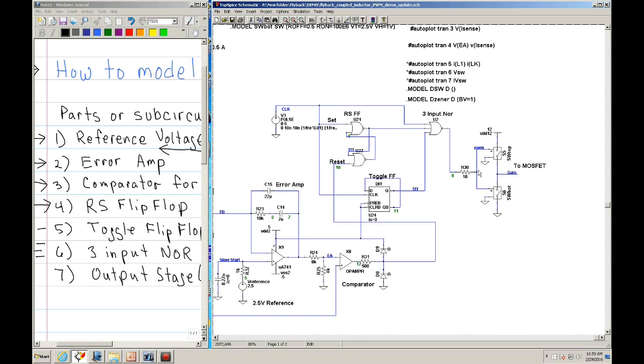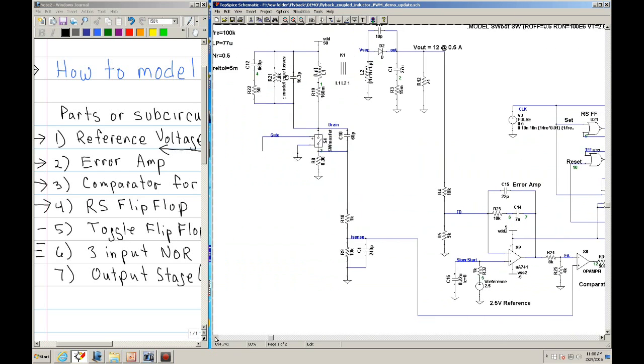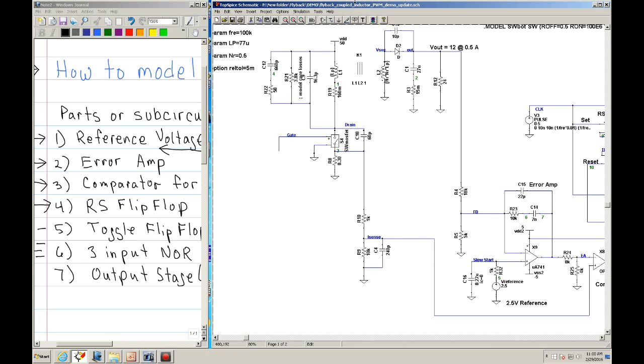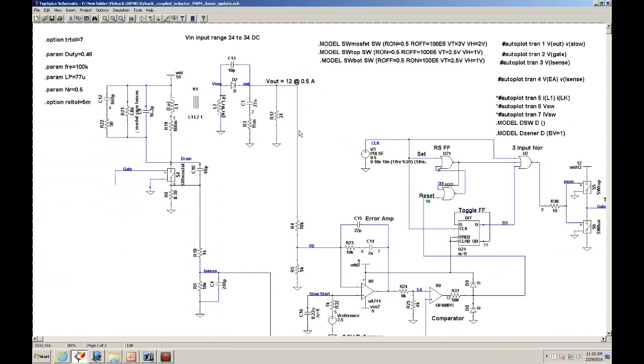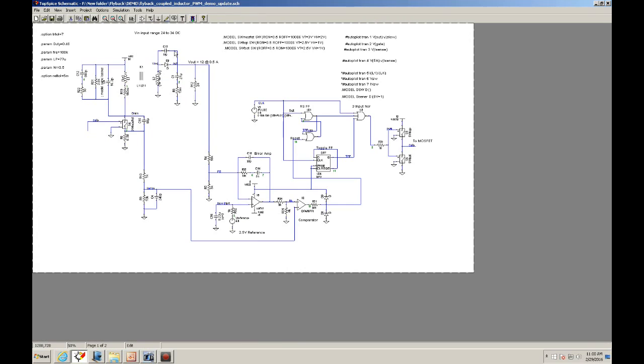If this is a high, these turn on, and it routes 12 volts to the MOSFET. When this goes low, this turns off and this turns on, and it grounds your gate. So this is routed back to your gate here. If you need, to clarify things, we can put a wire here instead of a label.